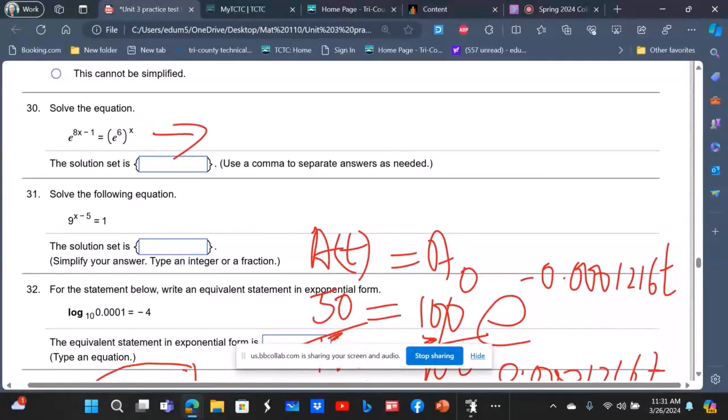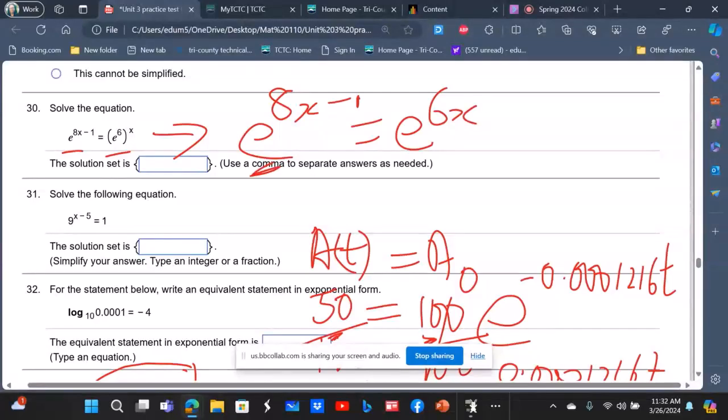This equation right here, when you are given this, notice that the bases are equal. The bases are equal, it is no problem. So it is e to the power 8x minus 1 is equal to e to the power 6x. I can open that parenthesis because 6 is going to multiply x, so I have 6x.